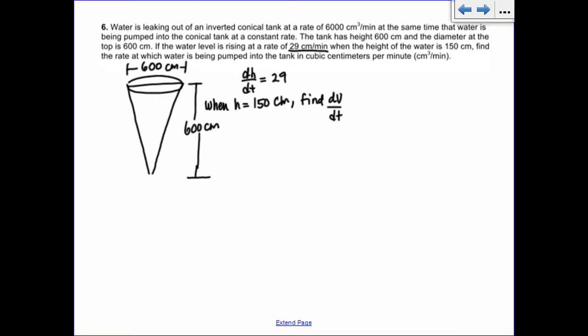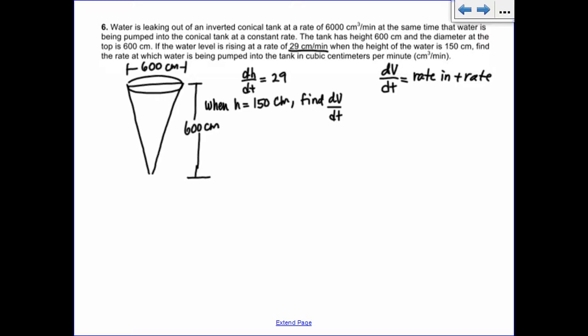Well, it's really the rate at which the water is being pumped into the tank. It's also being pumped out of the tank, right? So our dV over dt involves the rate in and then minus the rate out. Or if your rate out is negative, I guess plus the rate out.